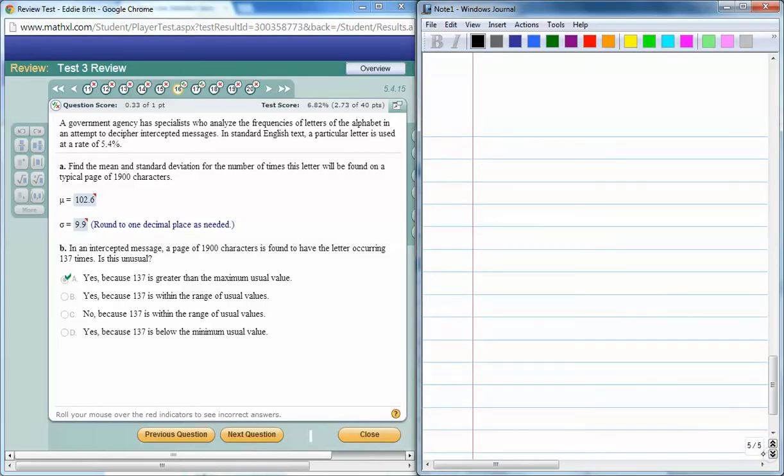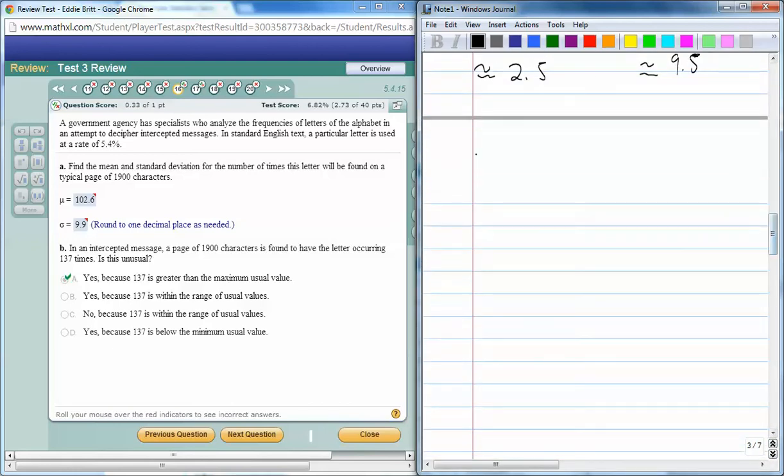Your P here I said was 5.4%, but as a decimal, that's 0.054.